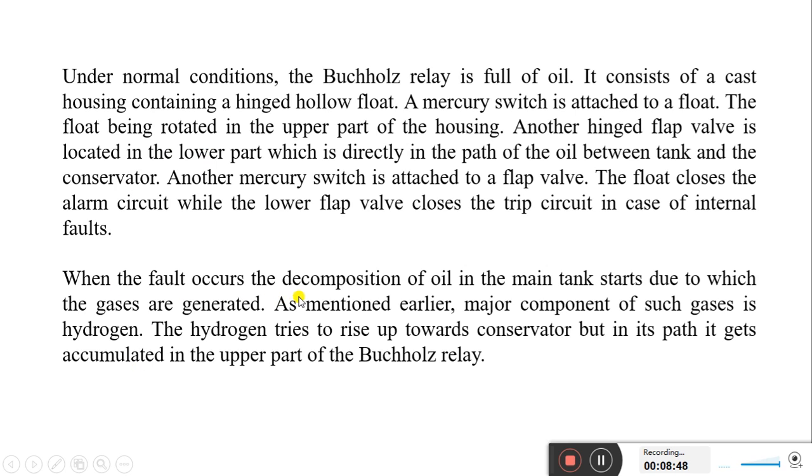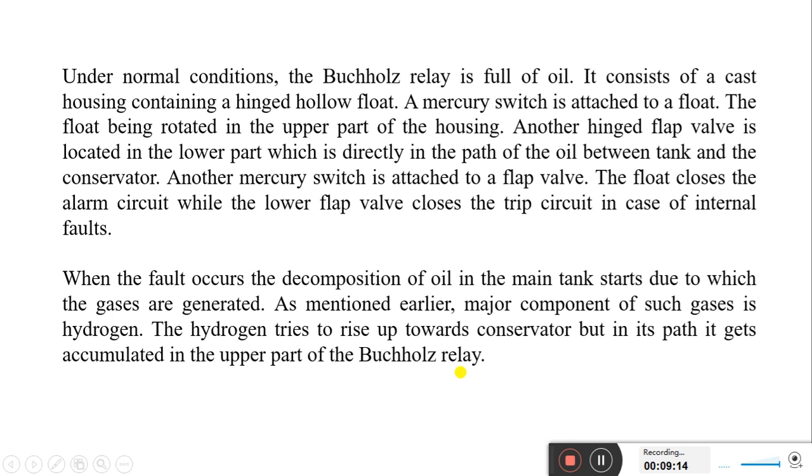So when the fault occurs, the decomposition of oil in the main tank starts, due to which the gases are generated. As mentioned earlier, the major component of such gases is hydrogen. The hydrogen tries to rise up towards the conservator, but in its path it gets accumulated in the upper part of the Buchholz relay.